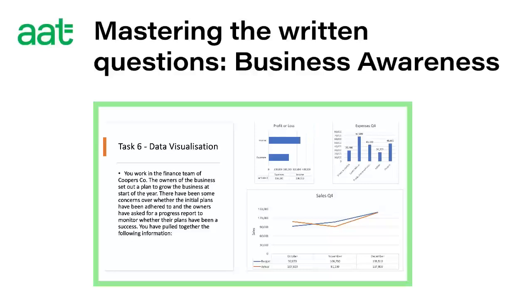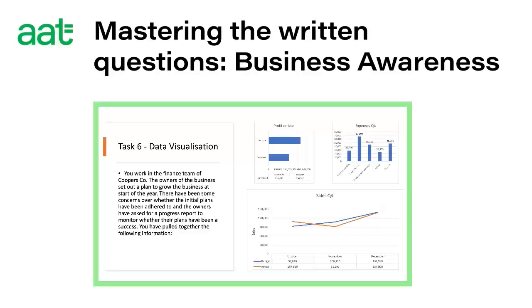You have pulled together the following information, and we can see on the side here, we've got three charts. We've got a little profit or loss, just showing income and expenses. We've got expenses for Q4, which is what we're dealing with here. And we've got the sales for Q4, broken down between budget and actual, and then the months, so October, November, December.